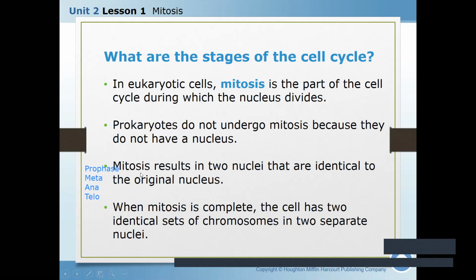Mitosis results in how many nuclei? 2 nuclei, and in each nucleus you have a set of chromosomes. You understood my point? I will even show you the photograph. There are 2 cells divided. In each there are 2 sets of chromosomes. So total how many sets, girls? Total 4 sets. Let me draw and show you.